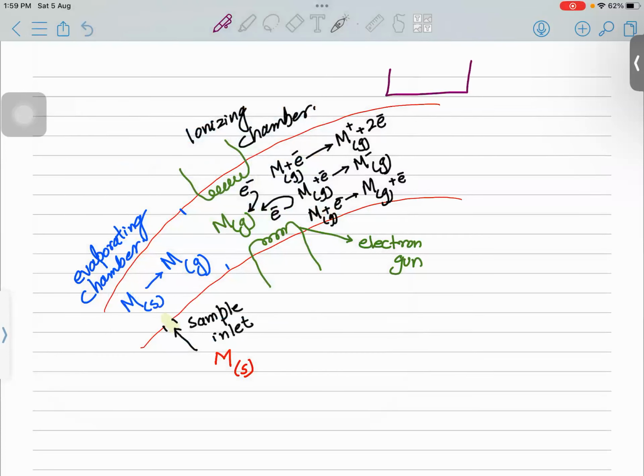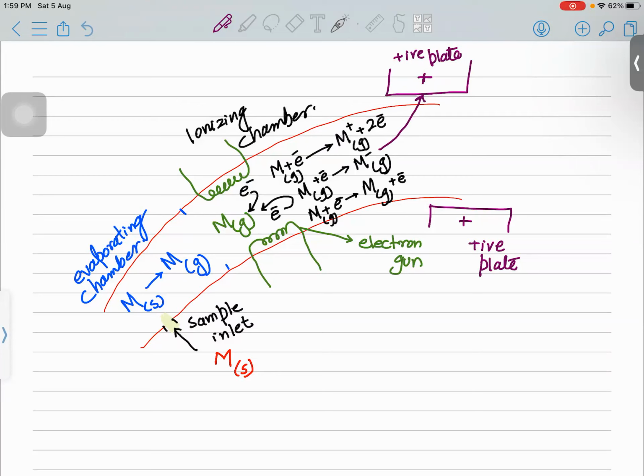Here you have a positive plate, or you can say a positive magnetic field. So this positive plate attracts which particle? M positive, M negative, or M neutral? M negative. So M negative is attracted towards the positive plate.